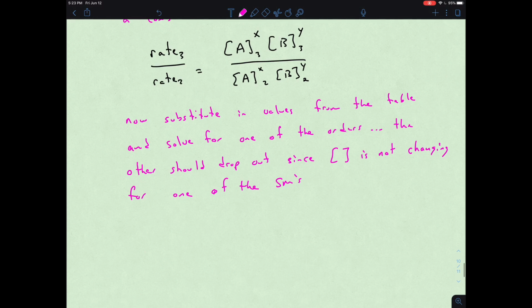So if we go up to the top and we start to plug things in, our rate for the third process was 7.05 times 10 to the negative third. The rate for the second process was 3.5 times 10 to the negative third. Our concentration of A was equal to 2 molar, and our concentration of B was equal to 4 molar for that trial 3.